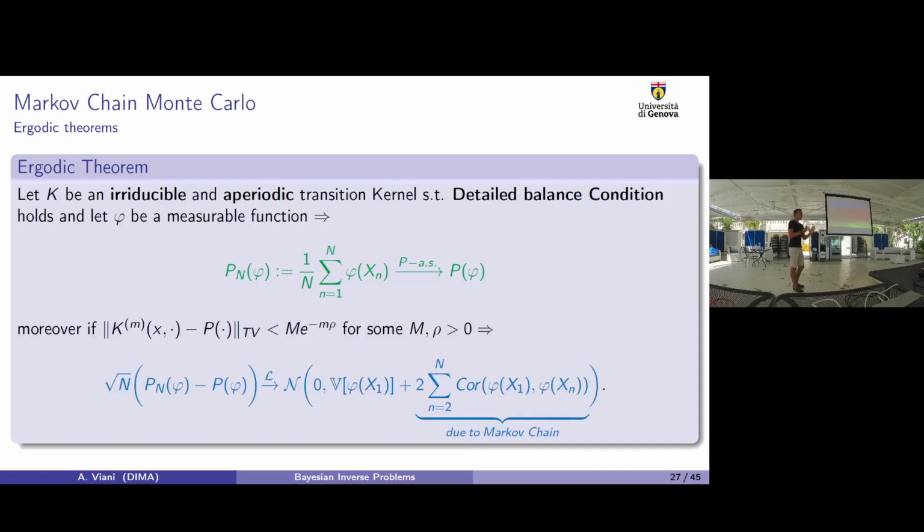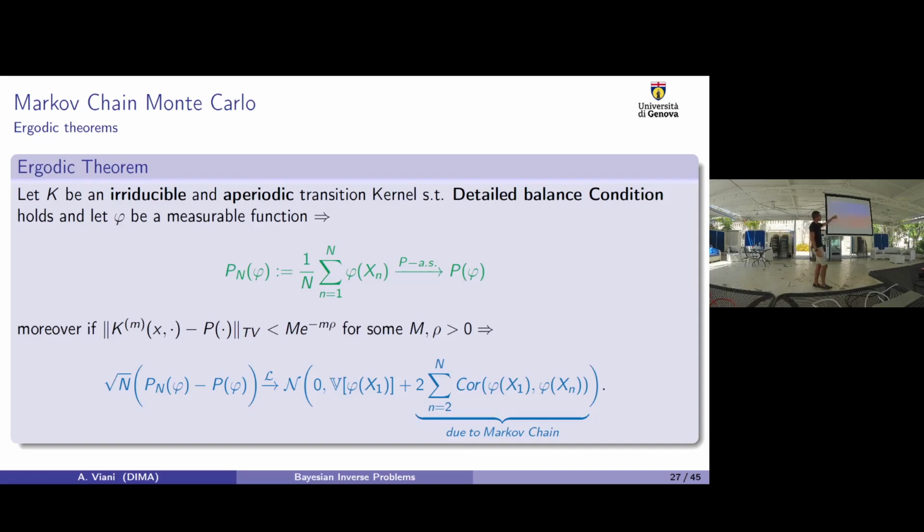Invariance with respect to something. I'm invariant, I'm not invariant. A kernel is invariant with respect to a measure. I would like the kernel to be invariant with respect to P. This means I start with P0. The chain is not invariant with respect to P0, so if I use K, P0 changes again.